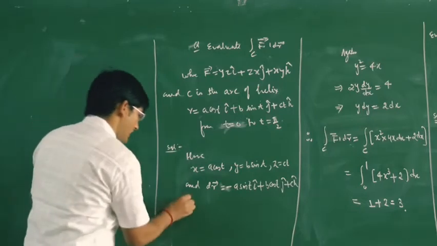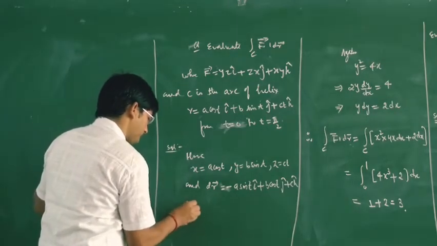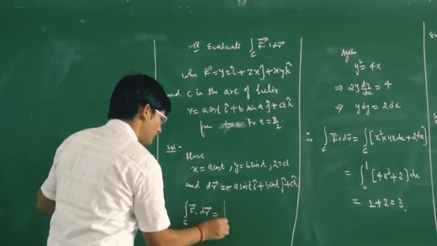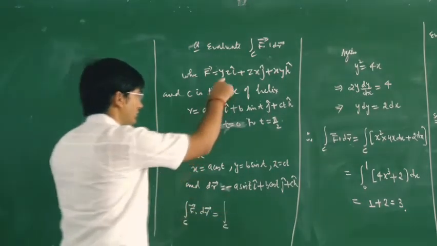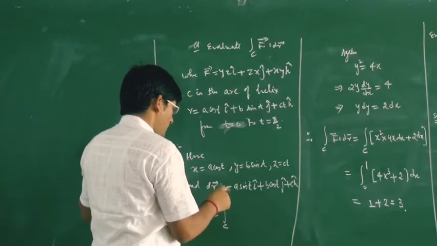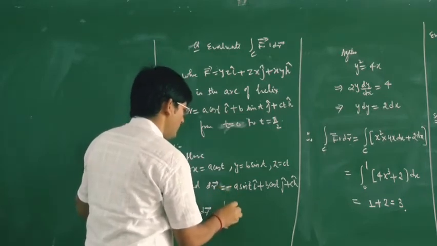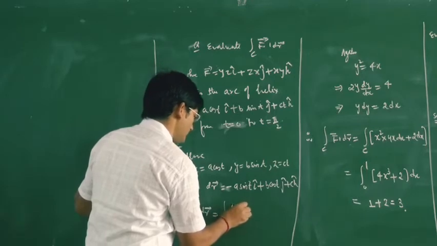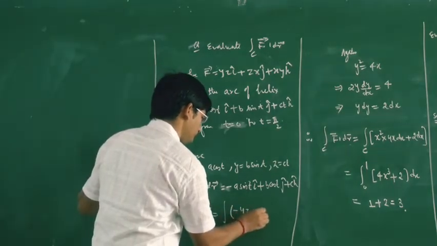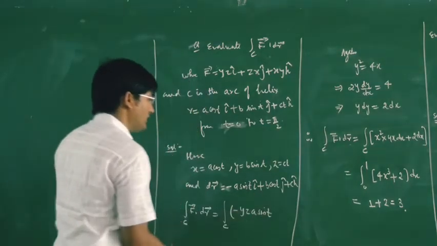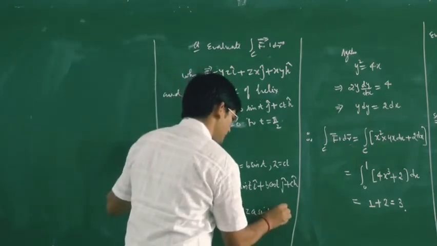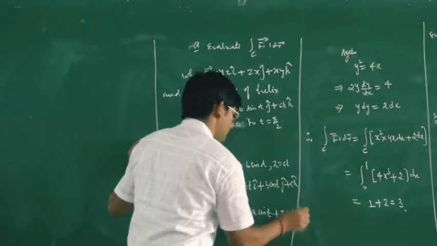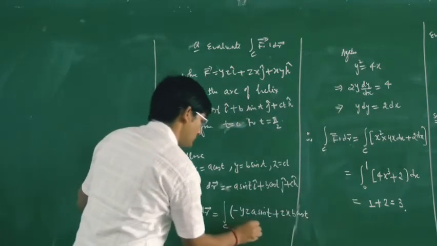Now your integral of F dot dr will be equal to the integral, now F dot dr. The first term will be minus yz into a sin t. The second term will be zx into b cos t, and the third term will be xy into c.